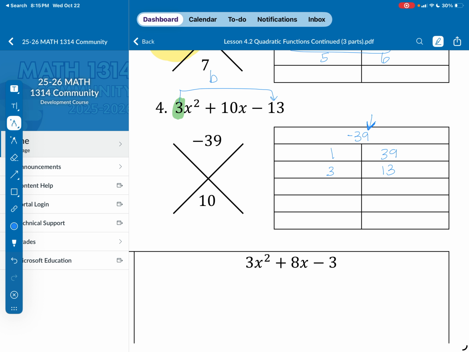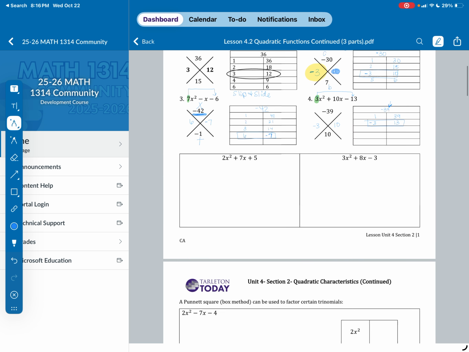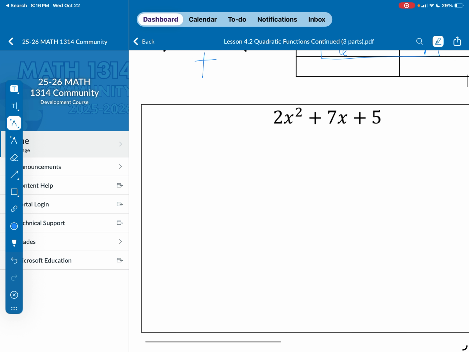So 1 and 39, I can't add those together in any way, shape, or form. So that's not going to work to give me a positive 10. But I can take negative 3 plus 13 to give me a positive 10. So those would be my factors that I would use, negative 3 and 13. Okay. All right, so let's go down here to these examples here.